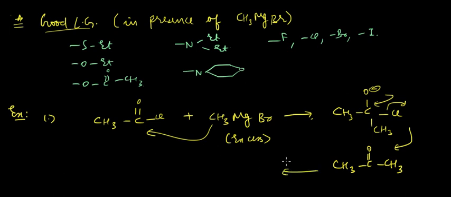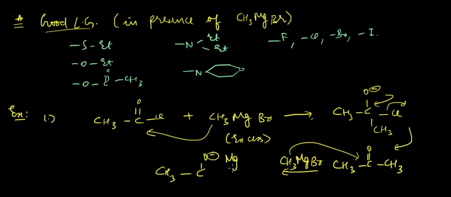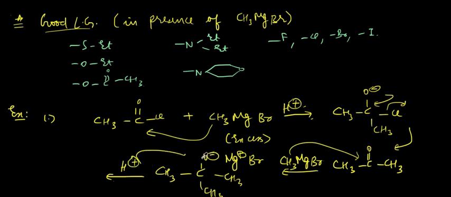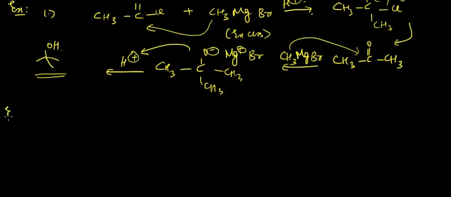As this is in excess, it will again react, the CH3 from the Grignard reagent will again attack on the carbon atom, and we would have Mg plus Br and CH3 and a CH3. Now suppose we also had an acidic medium, so this H plus will now come into the picture, and this H plus will now be attacked by oxygen atom, and we would get something like this. This is the final product. Okay, this was the first example.